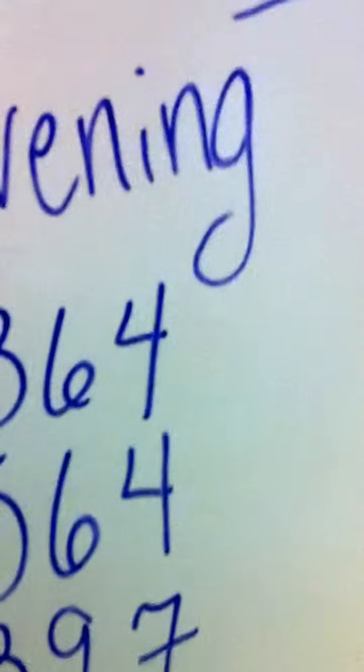And for evening, we'll put 3, 6, 4, 5, 6, 4, and 3, 9, 7. I'm just making up numbers to see if a number would have fallen.